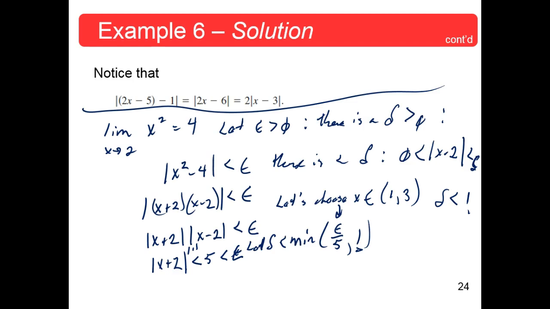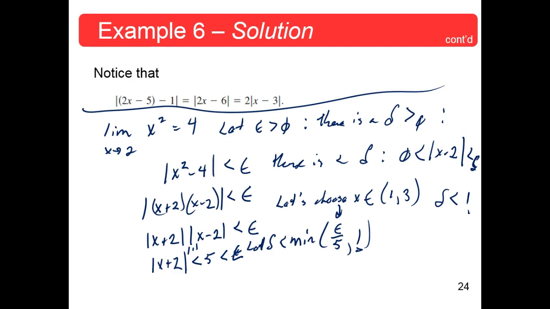So basically delta is less than 1, or delta is less than epsilon over 5. Obviously, if you let epsilon get small enough, epsilon over 5 is going to be less than 1. So that's the one you have to worry about.